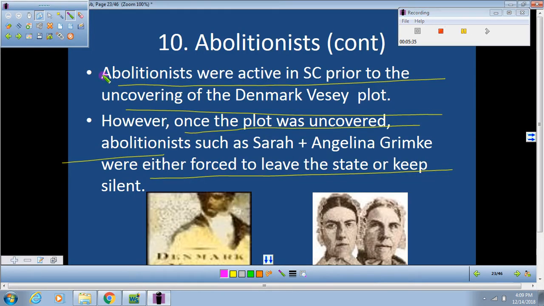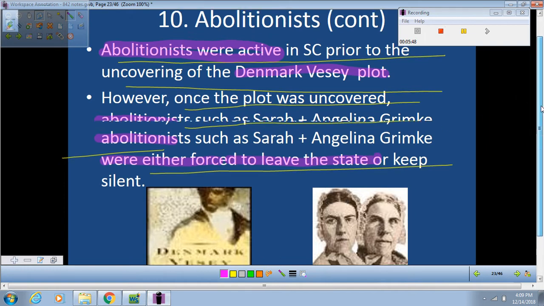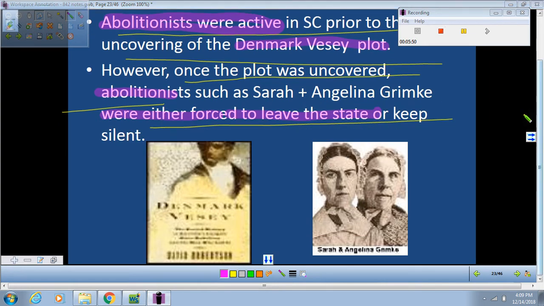We learned that abolitionists were active in South Carolina, but after the Denmark Vesey plot, abolitionists were either forced to be silent or leave the state. We also learned, and this is part of what the lesson is going to be today, about the abolitionist sisters, Sarah and Angelina Grimke, from South Carolina, who later moved north and were a strong voice for the abolition of slavery.